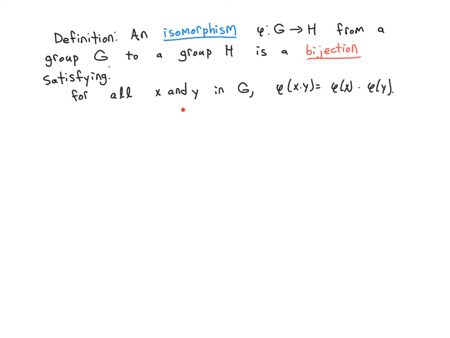So what this condition is saying is that when you take the Cayley table for G and relabel all the elements using this bijection, one by one, you will get the Cayley table for H. So for all x and y in the group G, phi of x times y is equal to phi of x times phi of y. This is sometimes referred to as saying that the function is multiplicative or preserves products. So I'll often say it's multiplicative.